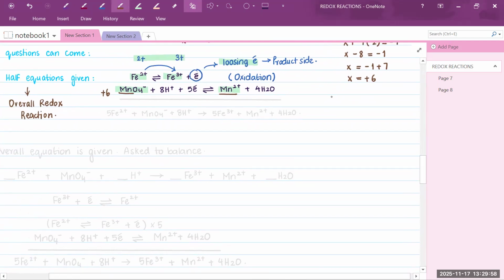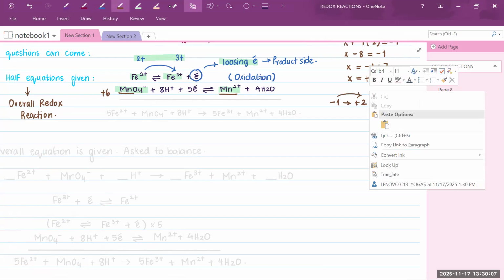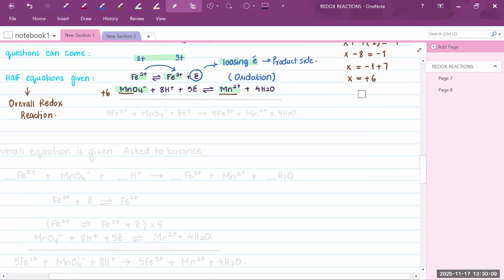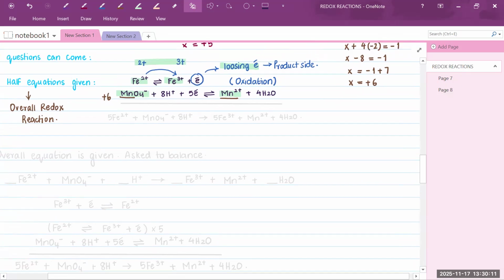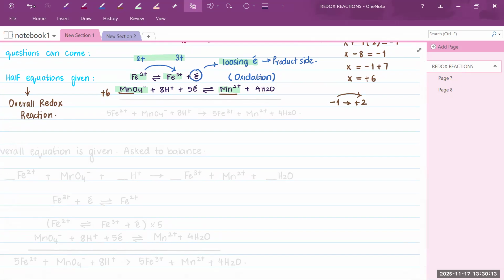For example, if we assume that it was going from -1 to +2, that is an increase in oxidation number. So we'd have oxidation here, but we don't have oxidation here. This is not an oxidation reaction, right? So this is a reduction reaction.